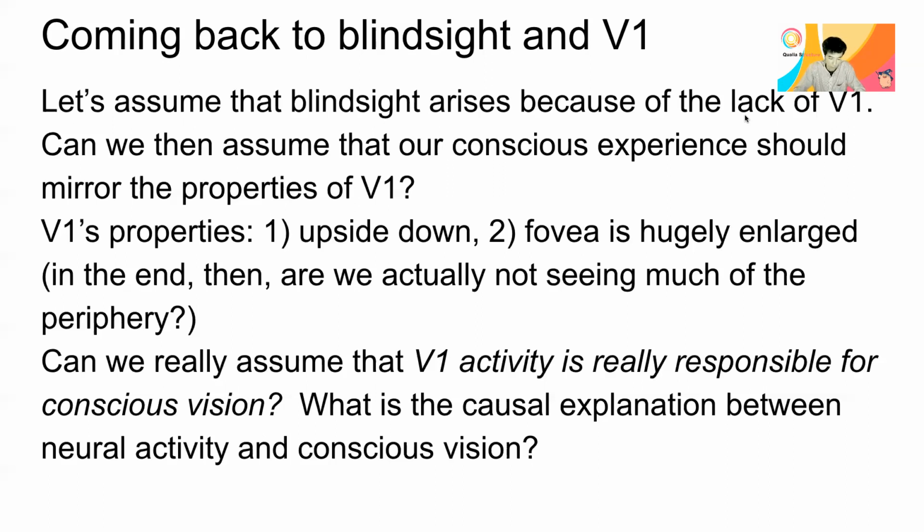So V1 activity or V1 structure itself is not responsible for conscious vision in a simple, one-to-one mapping. But what is the exact relationship between V1 structure and neural activity and conscious vision is still unclear. And that's the reason why I said that V1 property and blindsight is one of the core and also the front of consciousness research.